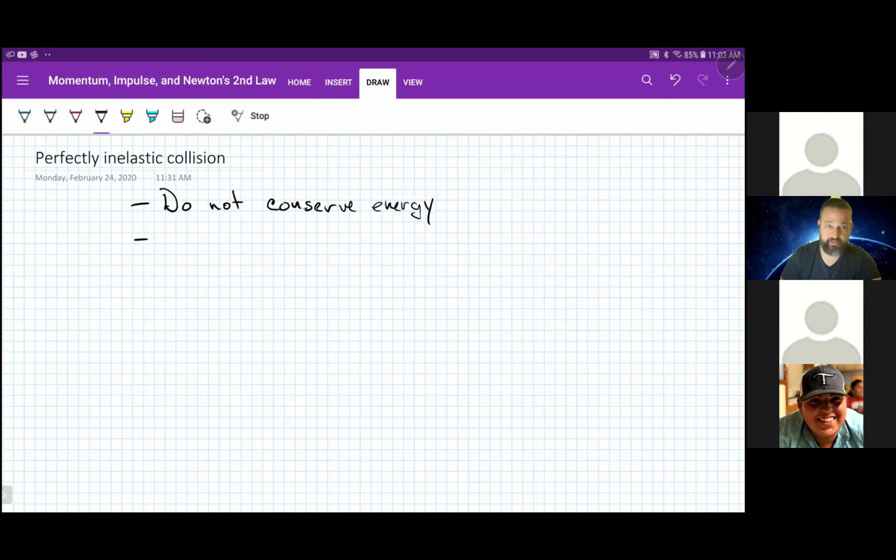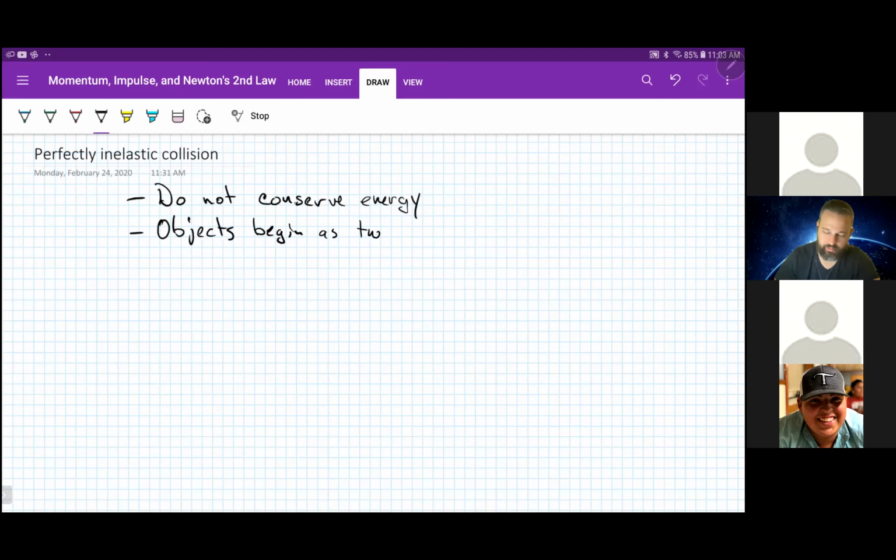And as I just explained, objects begin as two separate bodies.